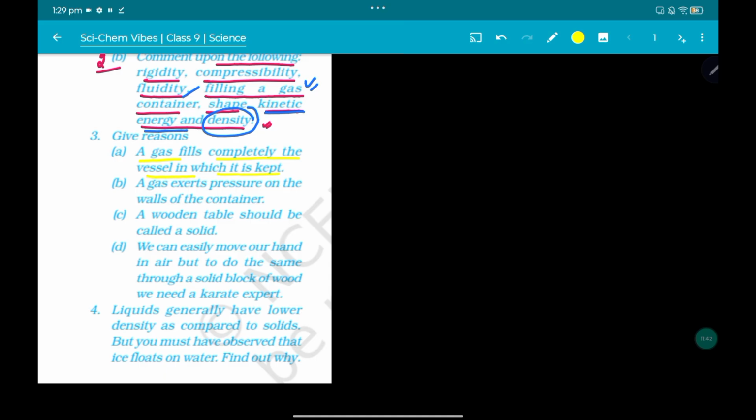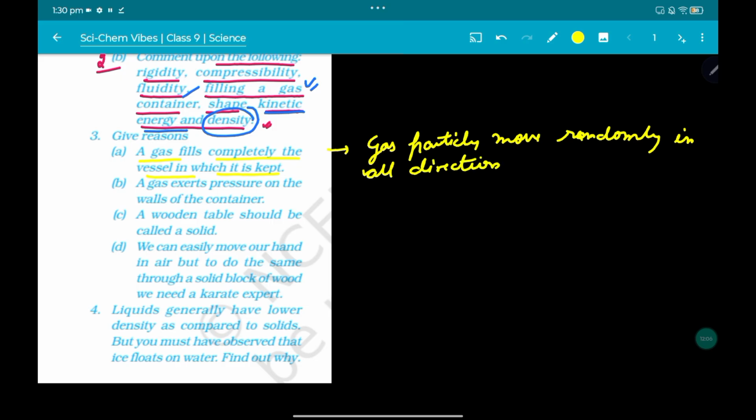The reason is that gas particles move randomly in all directions, and there is very little force of attraction between them.